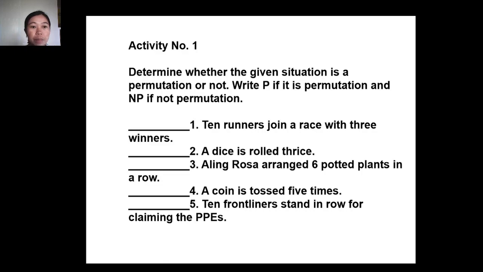So, for activity number 1, you are going to determine whether the given situation is a permutation or not. Write the capital letter P if it is permutation, and write capital letter NP if not permutation. So, ang isusulat lang ninyo dun sa space before the number is the capital P if it is permutation, and if it is not permutation, you're going to write capital letter NP. So, you have to consider the definition that if arrangement does matter, then the given situation is permutation.